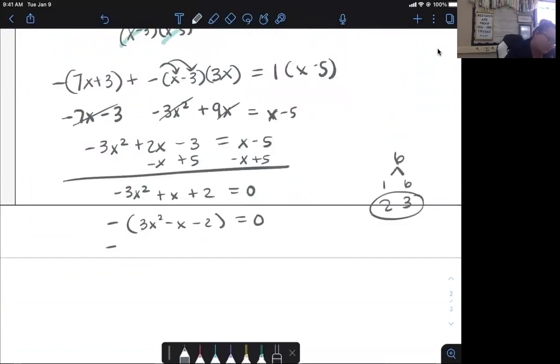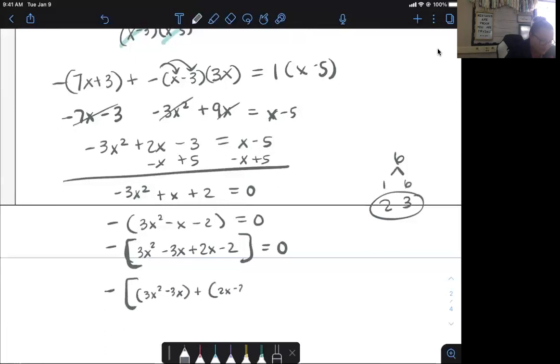We'll use 2 and 3. So 3x squared minus 3x plus 2x minus 2. We're going to put parentheses around the first two terms, a plus sign in between, parentheses around the second two terms.